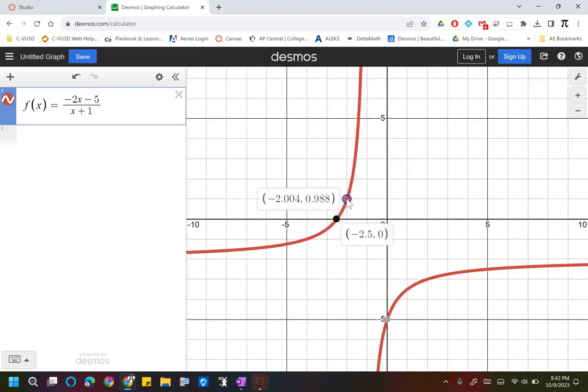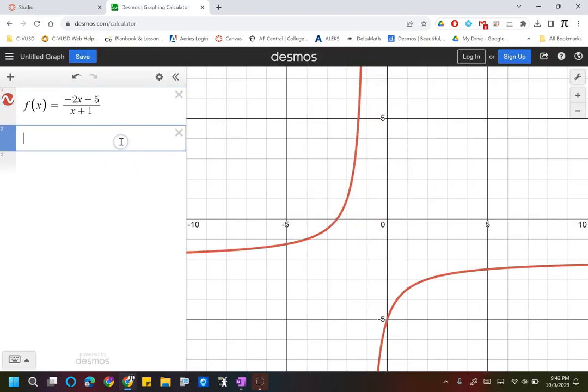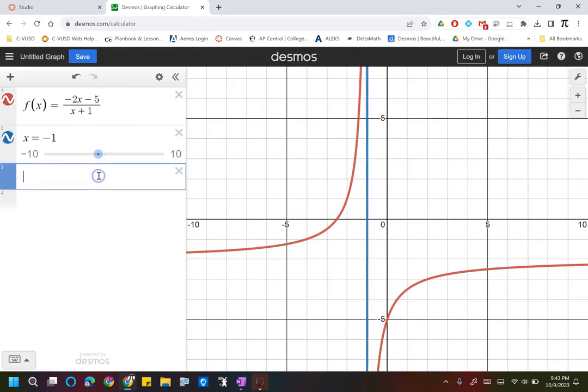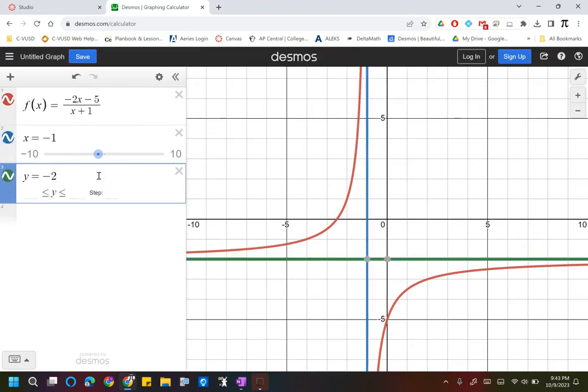We can see that (-2, 1) passed through. There we go. All right, so everything works out. We still have our vertical asymptote at x equals negative 2, no, not negative 2, negative 1, vertical asymptote, and y equals negative 2 horizontal asymptote.